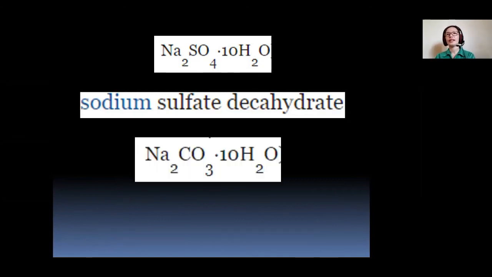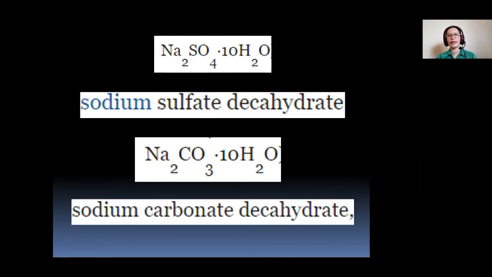Okay? Last example, you look at the formula of the hydrates. Sodium carbonate decahydrate. So name first the salt, okay, sodium carbonate, and then 10 is deca, and then the word hydrate.